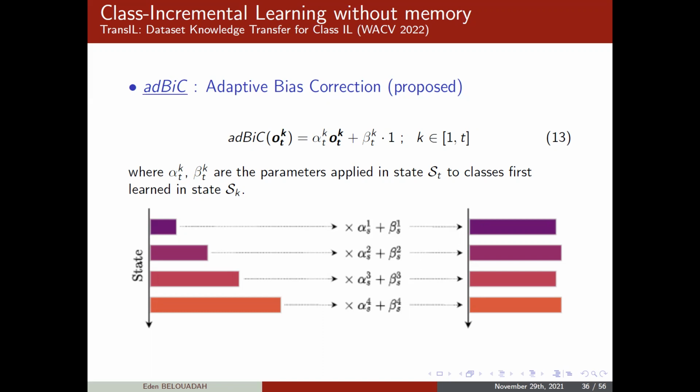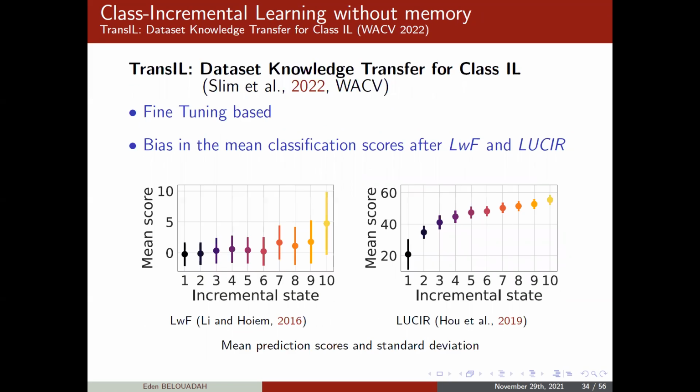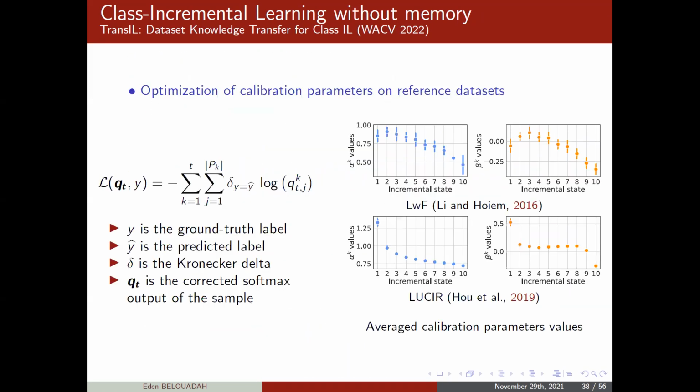Because, as you can see here, the variance between the calibration parameters is not high, so I guess there will always be a way to see how we can combine some calibration parameters in order to reduce their number, or increase it.